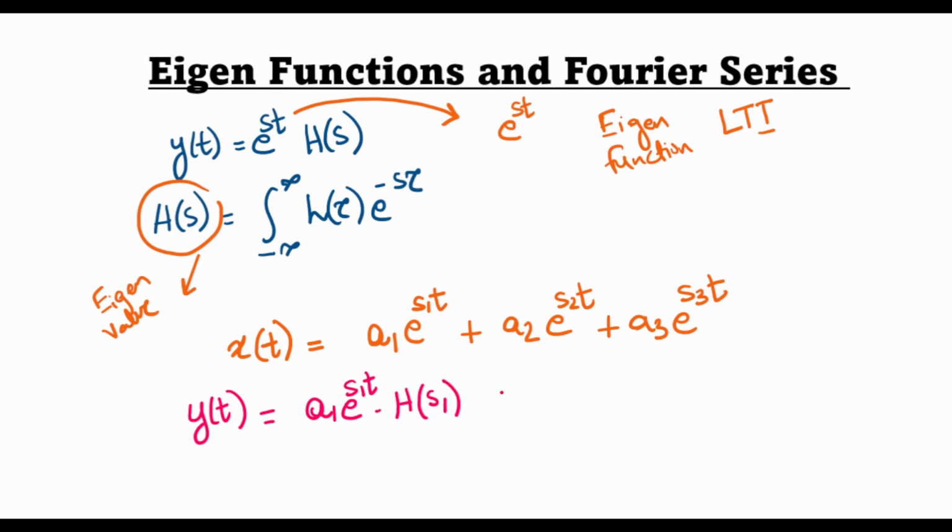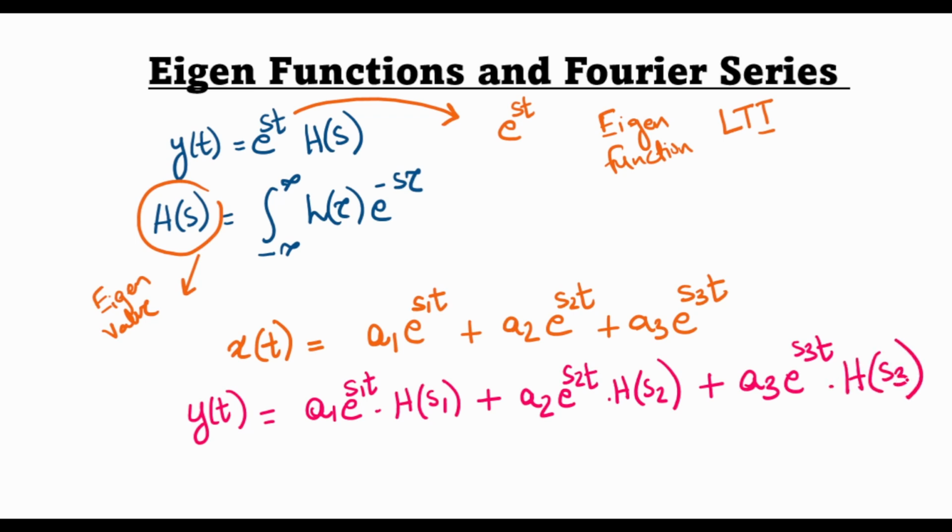And using the principle of superposition, which is valid for linear systems, I can do it for all three components of the input. So a2 times e to the power s2 t times h of s2 plus a3 times e to the power s3 t times h of s3.